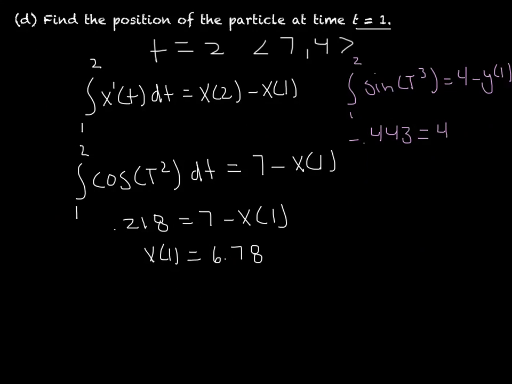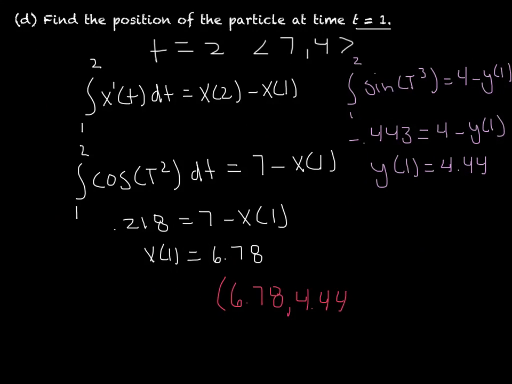And that's equal to 4 minus y of 1. Then we move some things around again, and you get y of 1 is equal to 4.44. And so the position of this particle at 1 second is going to be 6.78, comma 4.44. And that is the answer to this problem.